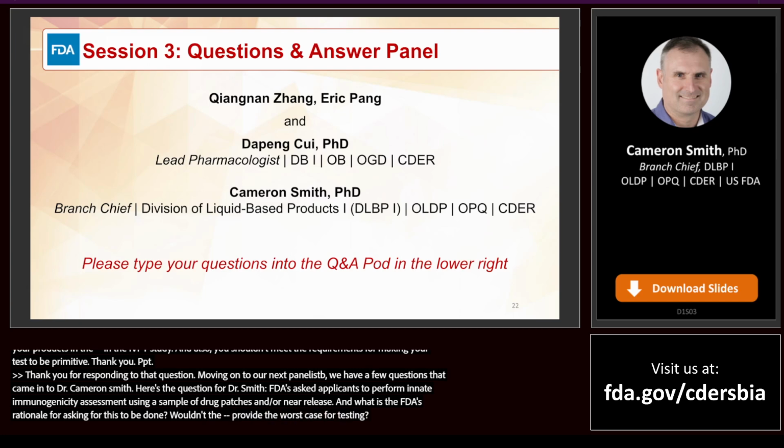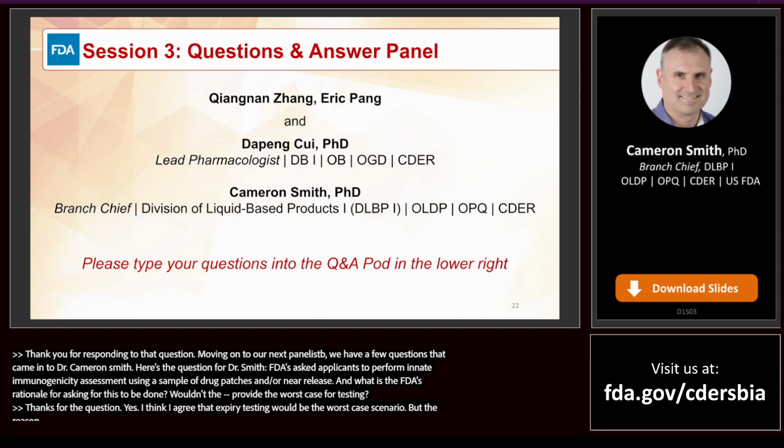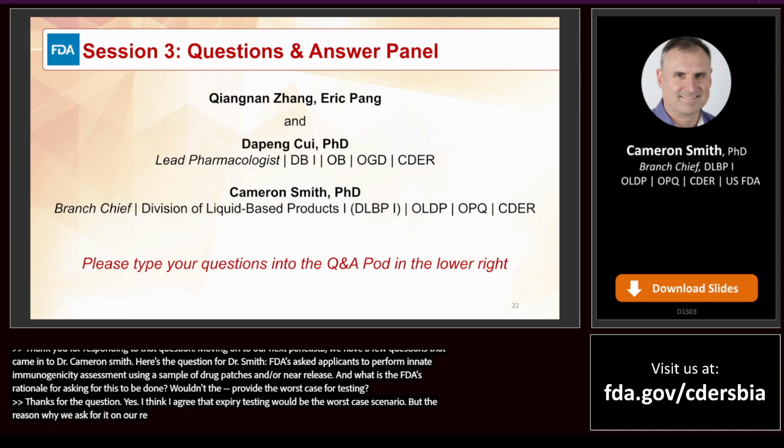Hi, thanks for the question. Yes, I agree that the at expiry testing would likely be the worst case scenario. But the reason we ask for at or near release as well is because if there is an innate immune response modulating impurity that is stability indicating, that would help us elucidate whether or not that is the case.